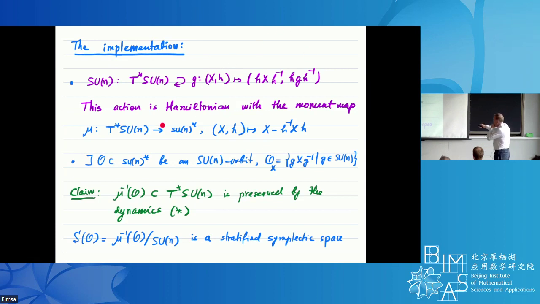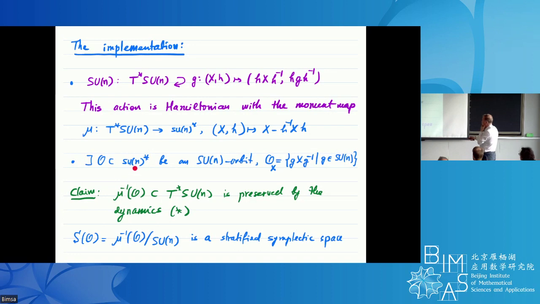So that's the action. And it's very easy to see that this action is Hamiltonian with the moment map given by this formula. I'm not going to explain what exactly it means, so I will explain the consequences of these words. So the consequence is the following.